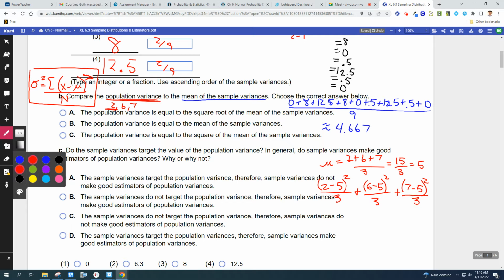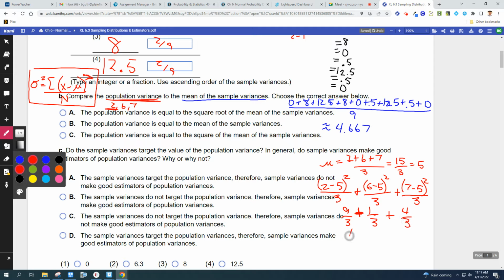2 minus 5, that's negative 3. Squared is 9. So you've got 9 over 3. 6 minus 5 is 1. Squared is 1. So that's 1/3. Plus, 7 minus 5 is 2, and 2 squared is 4. You've got 4/3. Add those together.